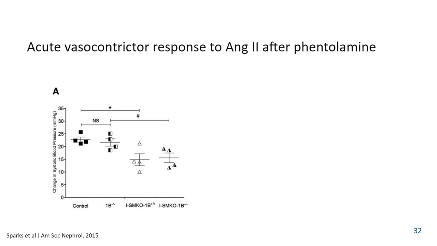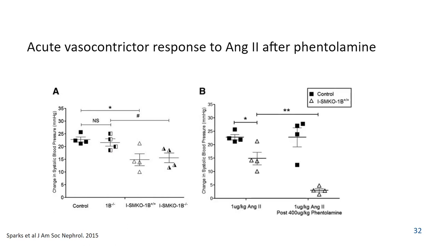So that really started us thinking, is there something else we're missing here? What we did is give the anti-adrenergic blocker phentolamine to block any response that you might get from the sympathetic nervous system.